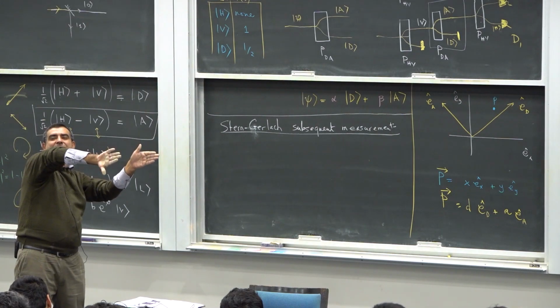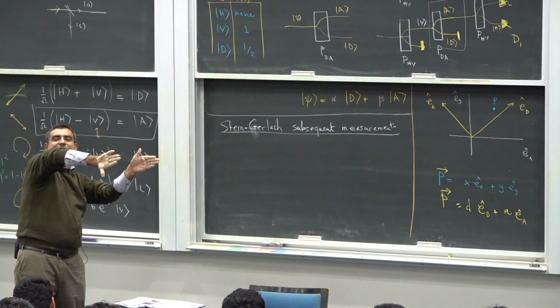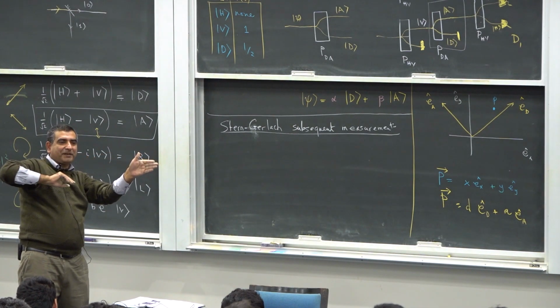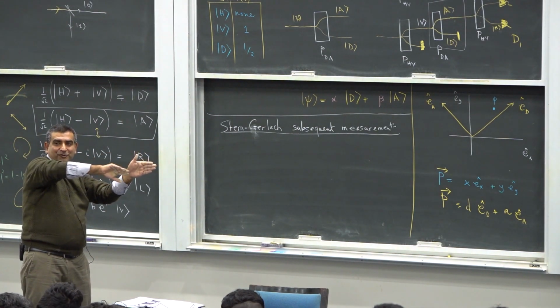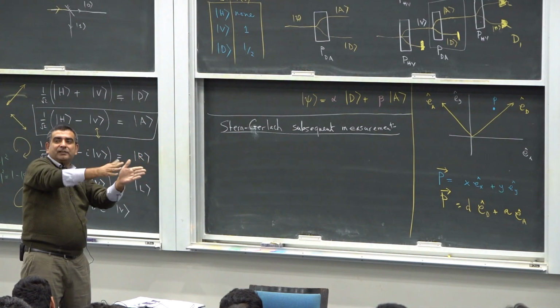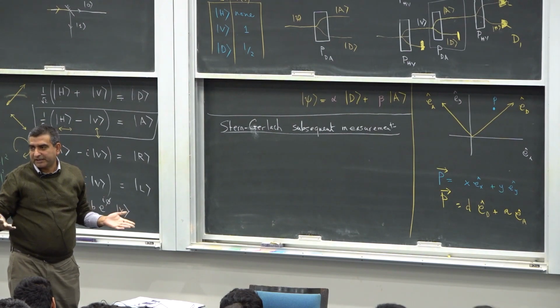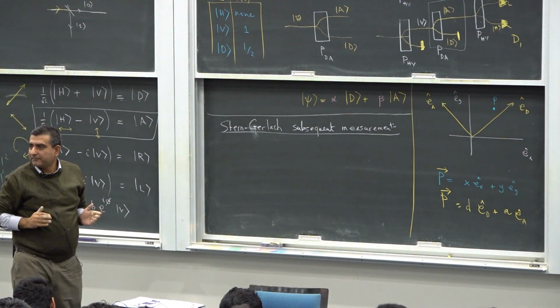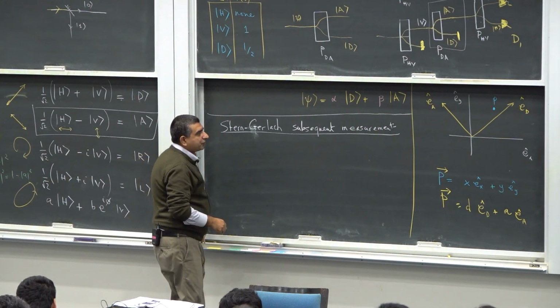Now what's the direction of the magnetic field? Horizontal. Let's call it the X arrangement. So if an incoming beam of electron spins comes into this configuration, the beam might split, but in the horizontal direction.